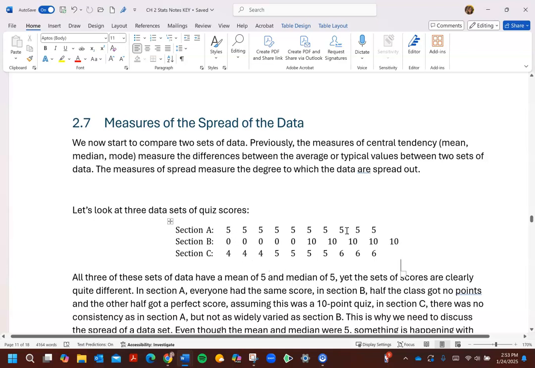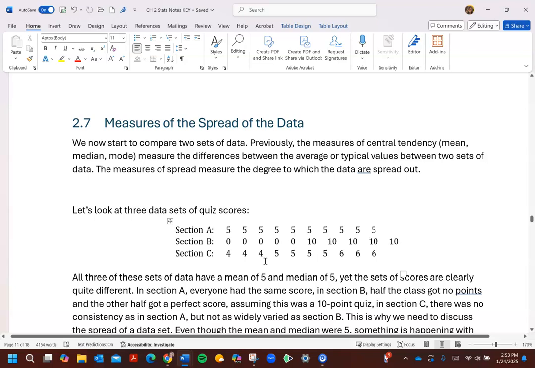So this first section A, they just knew half the material. Section B, half the people knew none of the material, half knew all of it. Section C is a bit more varied, which is often more what we see.